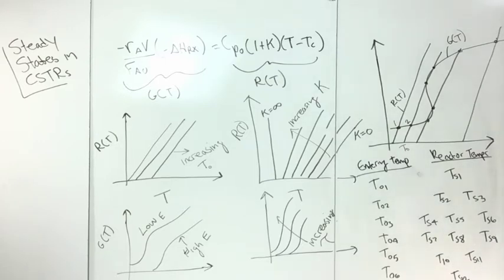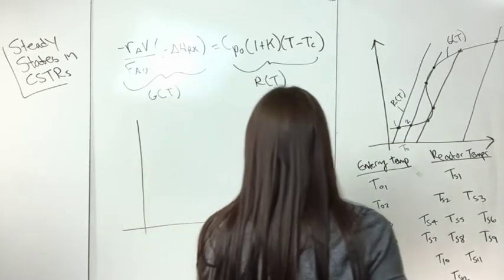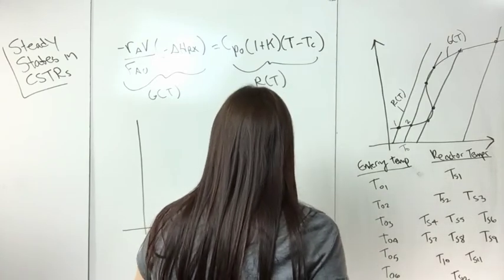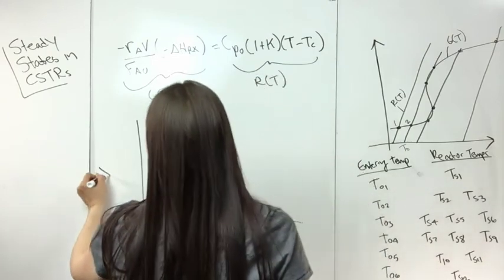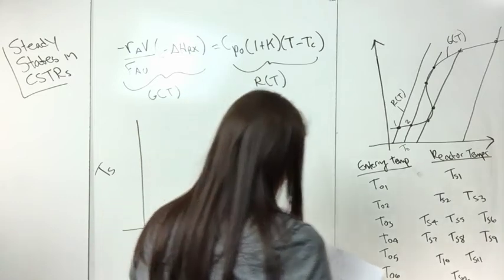So then you can plot these and you can get what's called an ignition extinction curve. I'm going to erase some stuff real quick and then plot that. You have T0 on one axis, TS on the other axis.